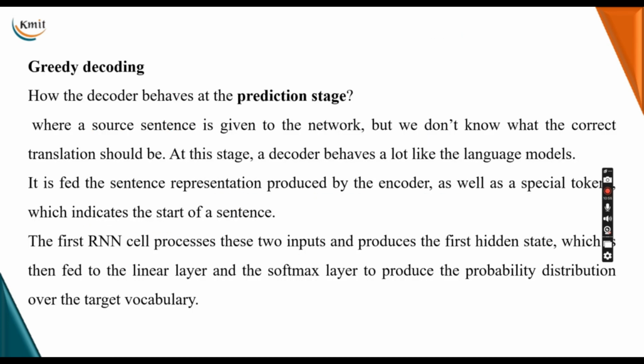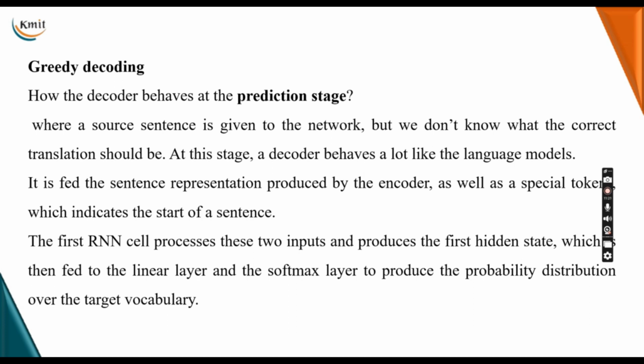So now let's look at 2 types of decoding methodologies. One is called greedy decoding. Now let's see how the decoder behaves at the prediction stage. When we give a source sentence as input, we don't know what the correct translation should be. That is the reason at this stage a decoder will behave a lot like a language model.